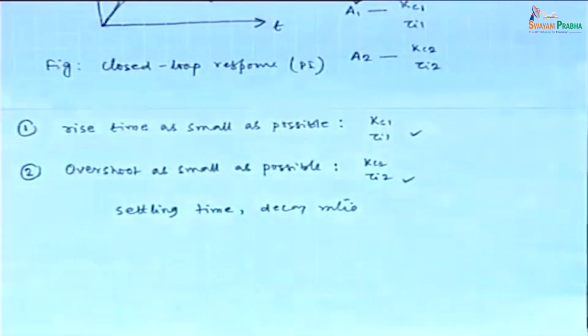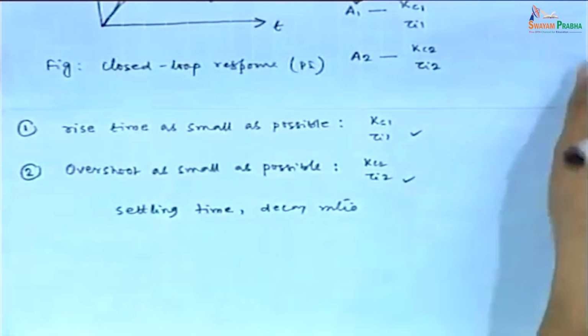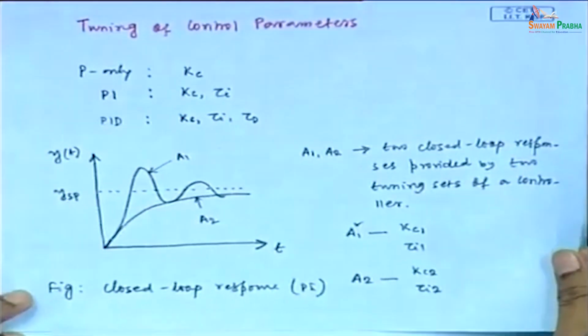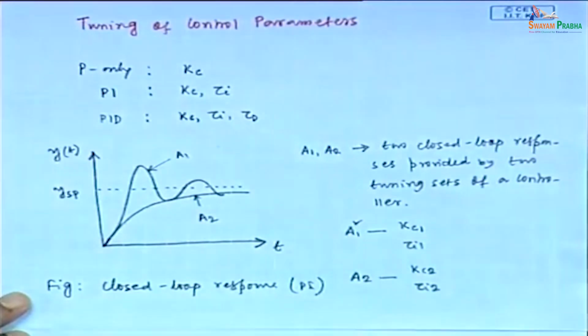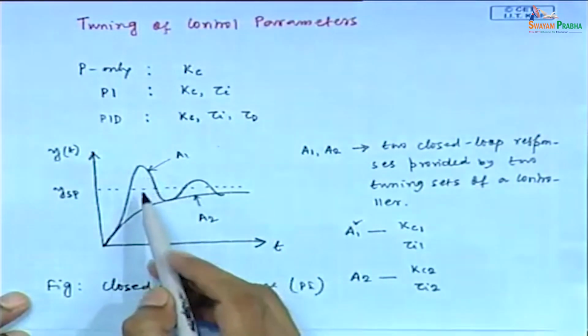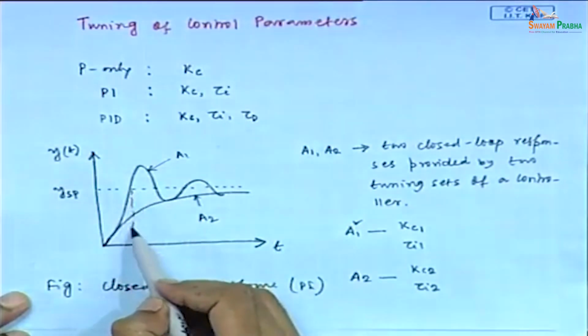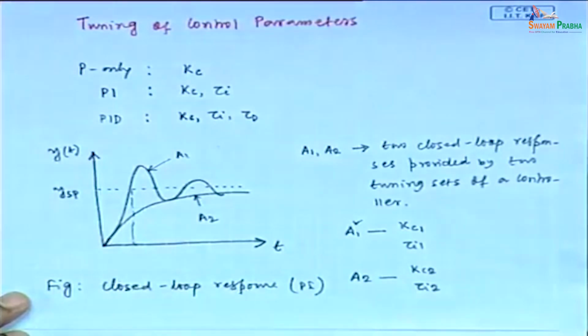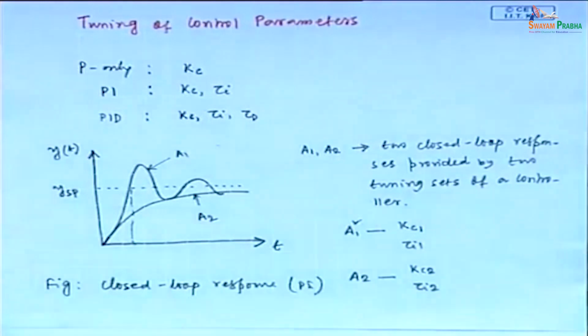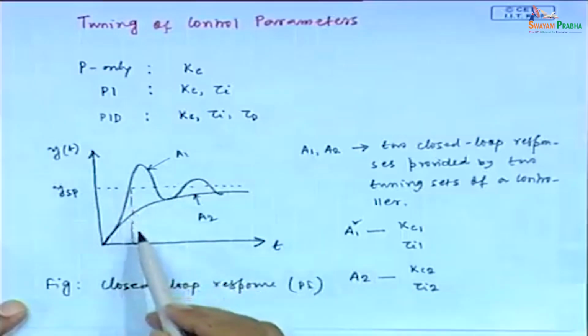Fine. Now, you see one thing, if our target is to keep the rise time as small as possible, then we need to consider the closed loop response at a particular time instant, and we will proceed to tune the controller. That means we can tune the controller considering the response at a particular time instant.